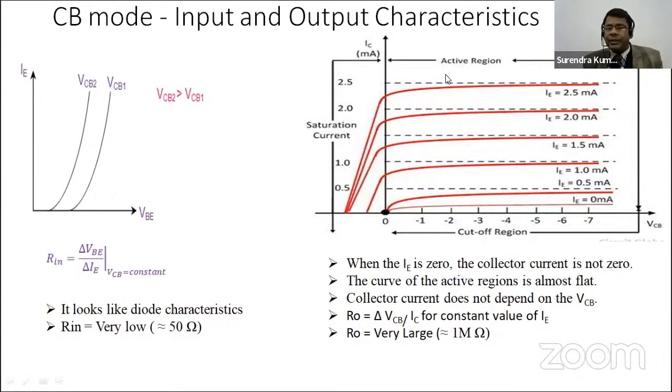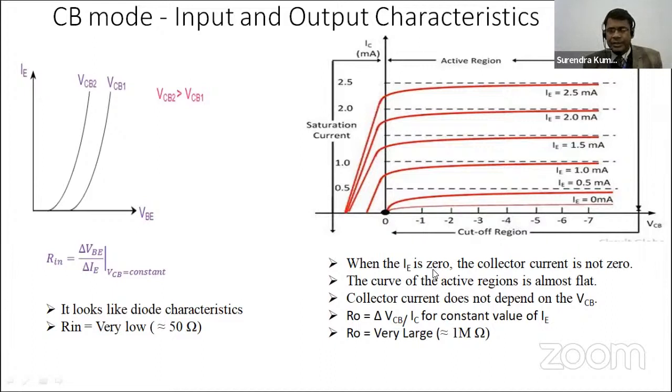Now this is the output characteristics of common base configuration. It is plotted between output voltage, which is VCB, and output current, IC. Here, when the IE is 0, the collector current is not 0.